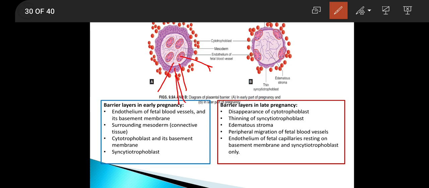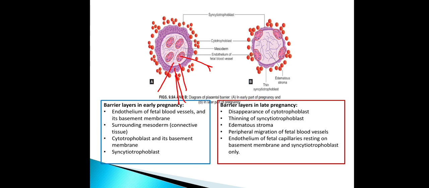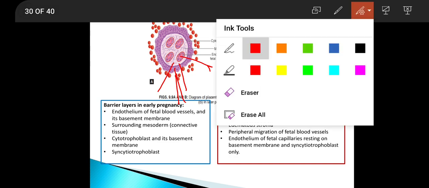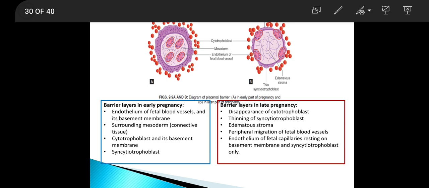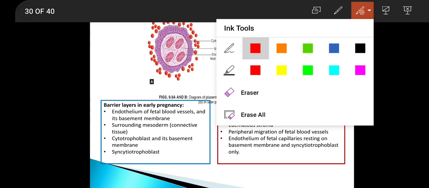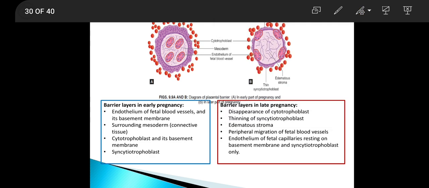They will form the barrier in early pregnancy, and then in late pregnancy, after 20 weeks, because exchange is much needed, this membrane will be thinned out. So there will be disappearance of the cytotrophoblast, and there will be thinning of the syncytiotrophoblast.